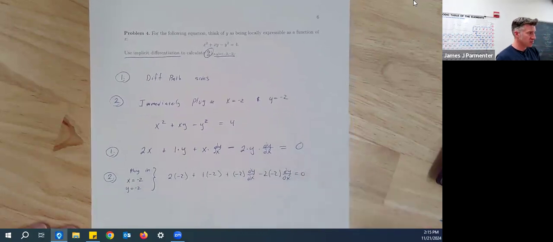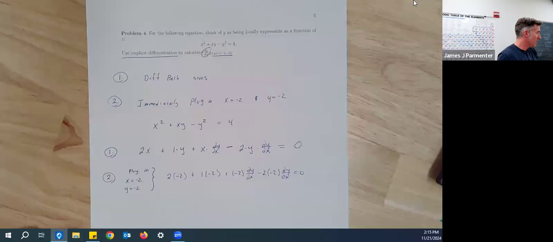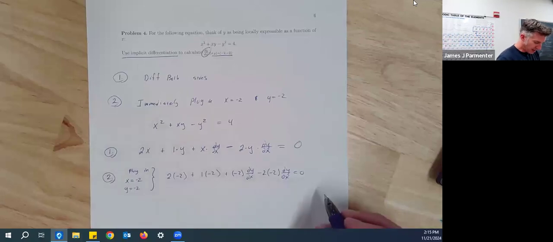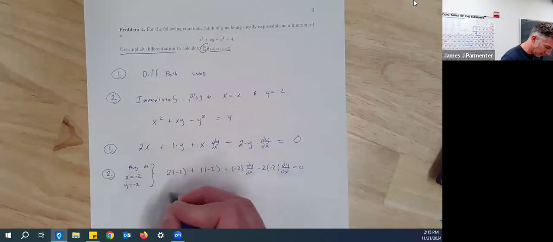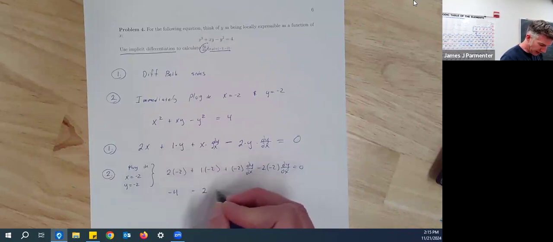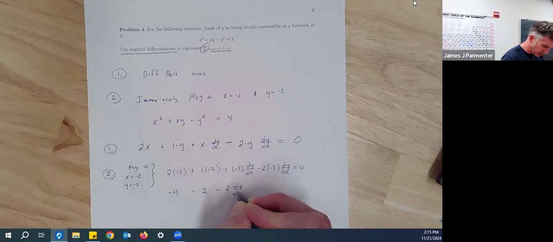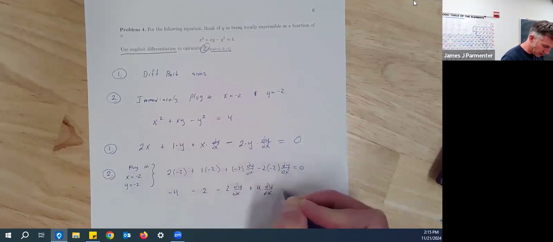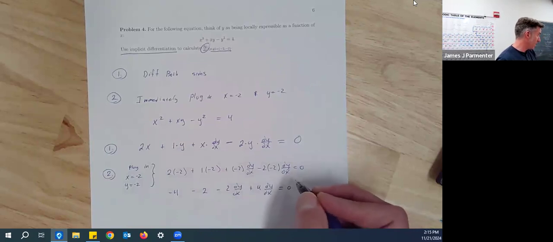If I were a student doing this, I probably would have skipped this step and said, I know that 2 times -2 is -4, and 1 times -2 is -2, and I've got -2 times dy/dx plus 4 times dy/dx. I think that's a totally reasonable first step when you plug in here.